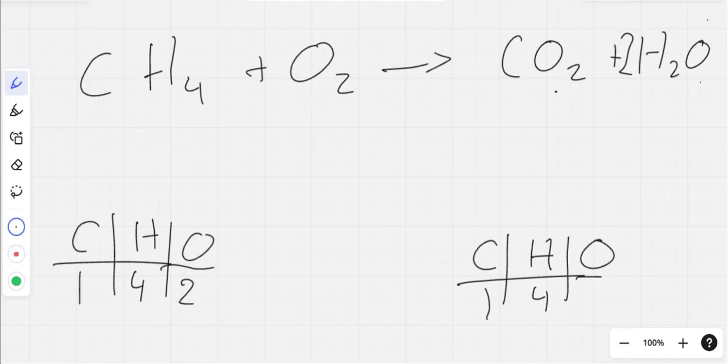So we can have 4 there and 2 there, and that balances it out on both sides. And basically that's how you would always do it. There are some rare circumstances in year 11, 12 where you can change other things, but that's not what we have to worry about right now.